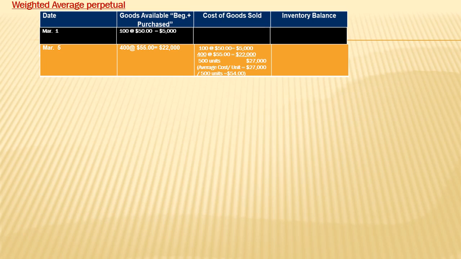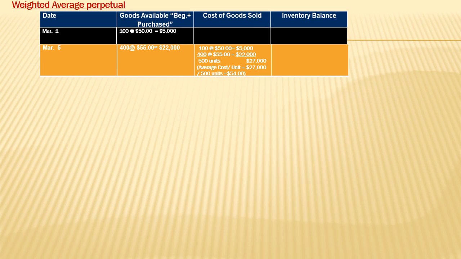Here I have 100 units at a cost of $50 and 400 units at a cost of $55. Calculate the total of the units: I have 500 units in total. Calculate the total cost: 27,000. To calculate the average cost per unit, I just divide the total cost by the total number of units, giving $54 average cost per unit.